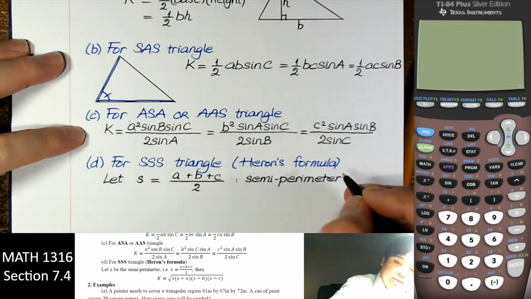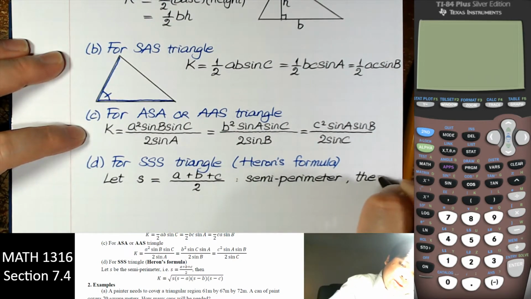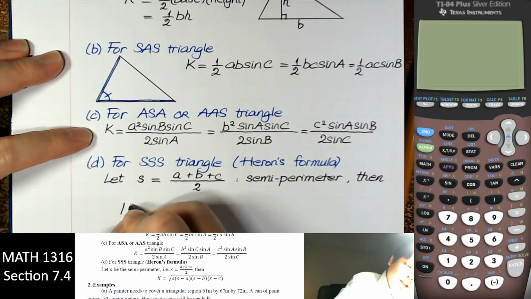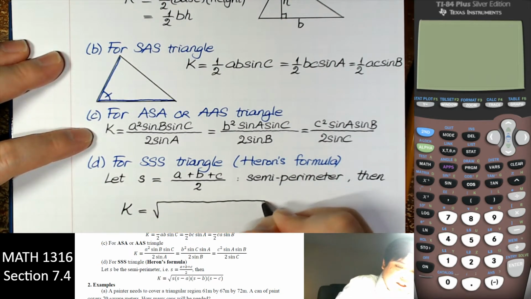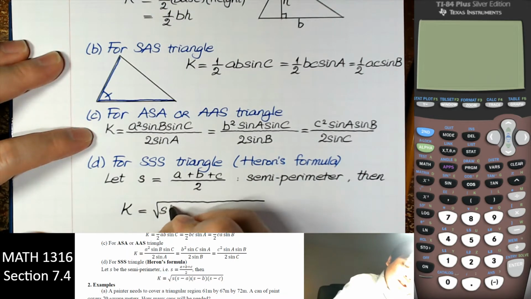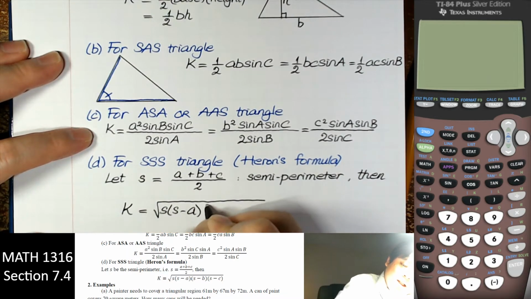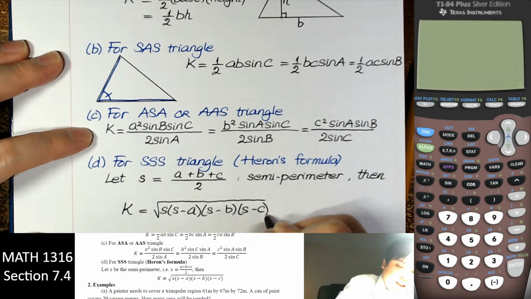In that case, the area given by Heron's formula is the square root of s times s minus a, s minus b, and s minus c.